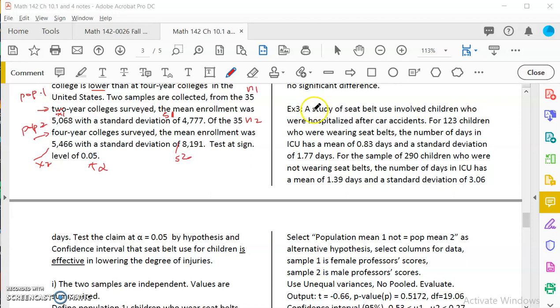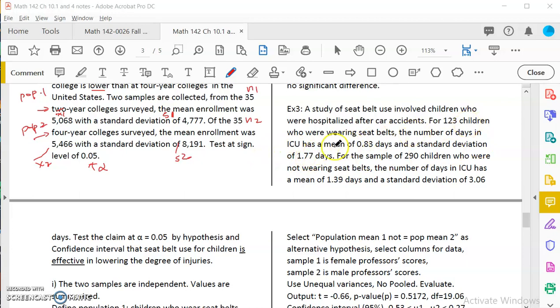We want to compare seatbelt use to see if seatbelt use actually makes injury for children less severe. The study involved children who were hospitalized after car accidents. For 123 children wearing seatbelts, the number of days in ICU has a mean of 0.83 days and a standard deviation of 1.77 days.